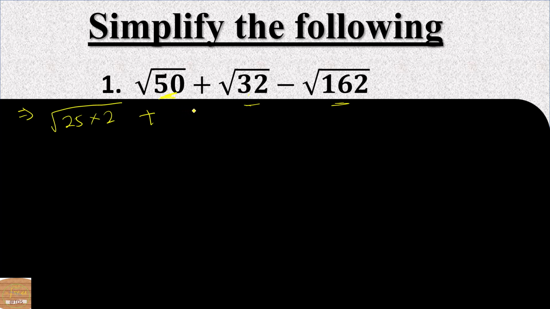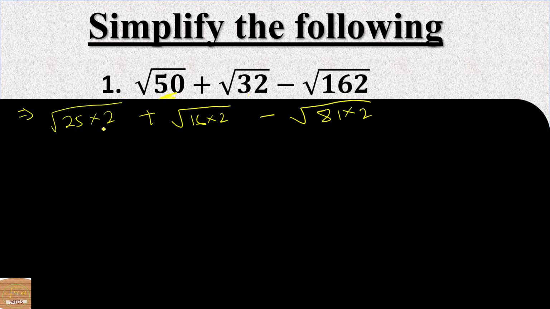So 16 times 2 is 32, and 16 is a perfect square, so it will work for all. 16 times 2. Minus, so let's divide 162 by 2, so it will give us 81, and 81 is a perfect square.